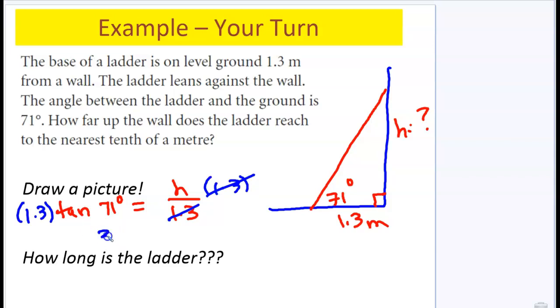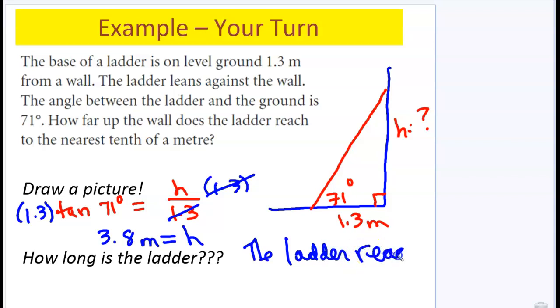And this works out to be, if you round off to one decimal place, 3.8 meters. So again, we would say the ladder reaches 3.8 meters up the wall. And that would be the answer to the problem.